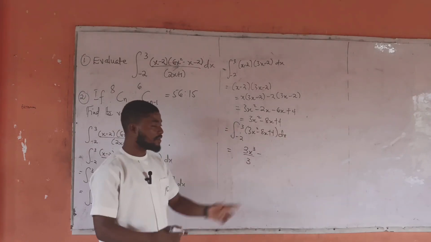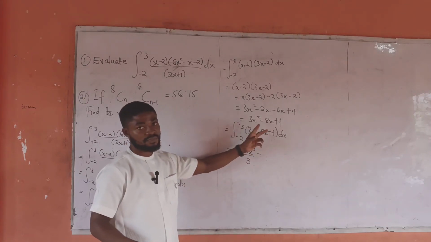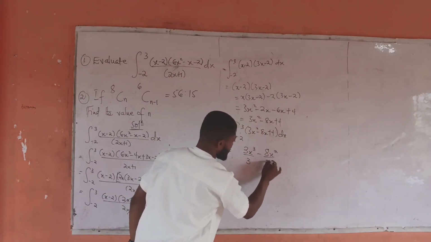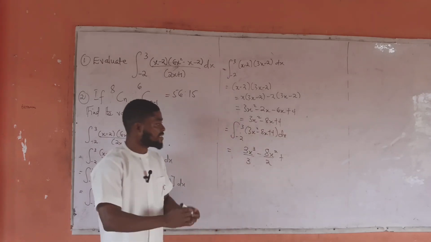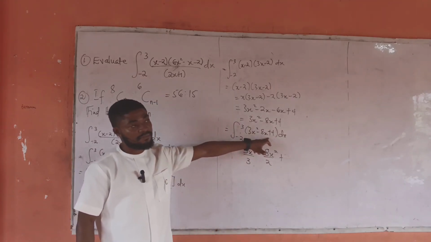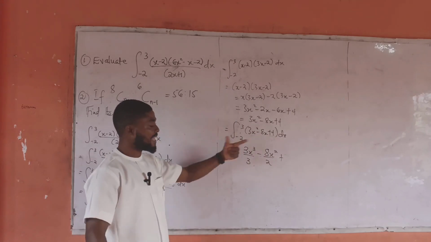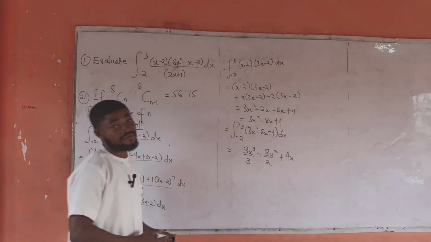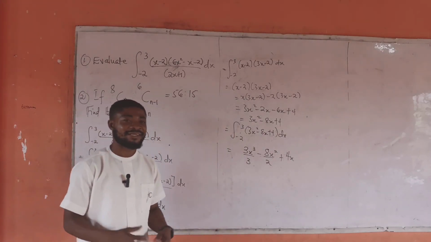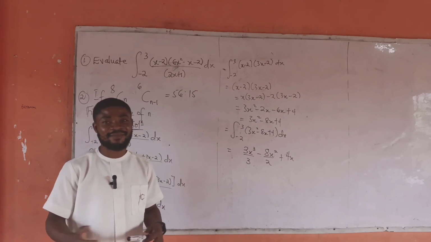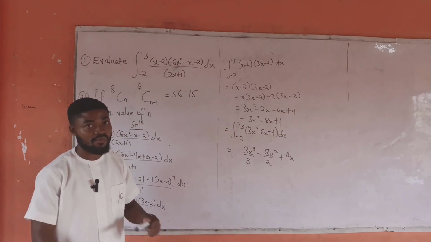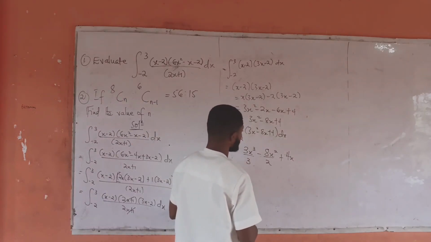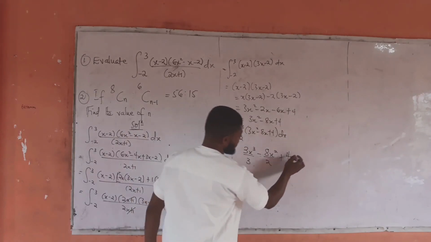And then this is also going to be 8x power 2 divided by 2. This is x power 0. So when I add 1 to 0, I get 1. So 4x. If I divide by 1, obviously it is the same, so there is no need for me to divide by 1. So I leave it here.